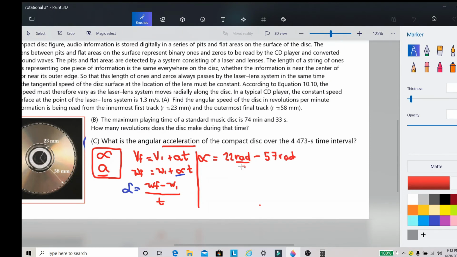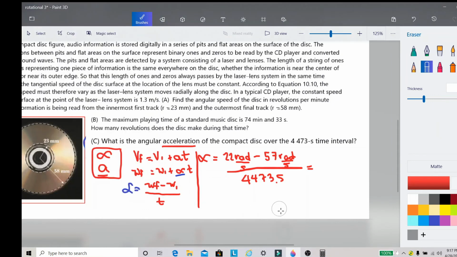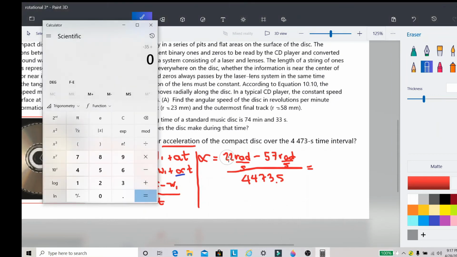Of course, those are both radians per second as corresponding to the velocity. And then we have to divide that by the time, which is 4473 seconds. So second will be radian per second. Second will be going down. Therefore, this will be second squared. So ang mangyayari dyan, the unit will be radian per second squared. So that's our unit. So we grab the calculator and solve for this one.